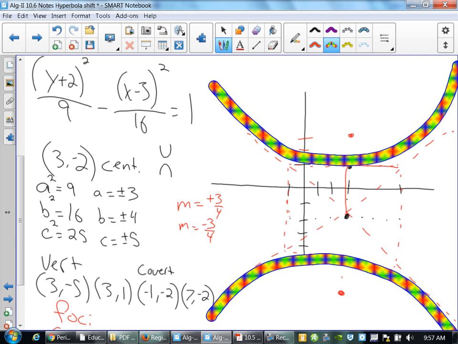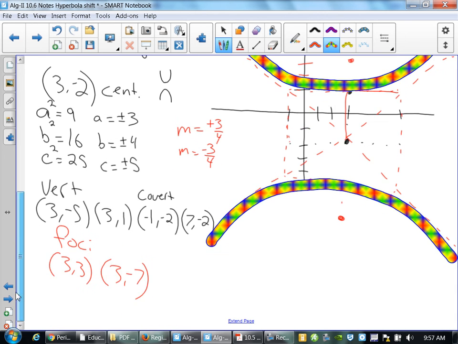Is the curve supposed to actually cross over and touch the asymptote? It never does touch the asymptote. It approaches it. How close does it get? As close as it infinitely can get.